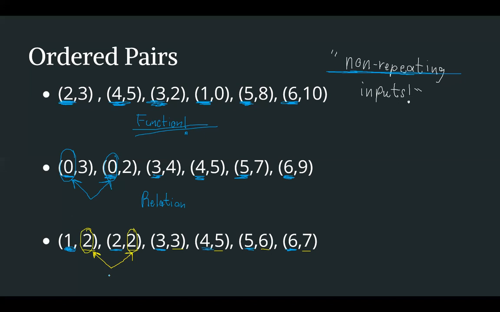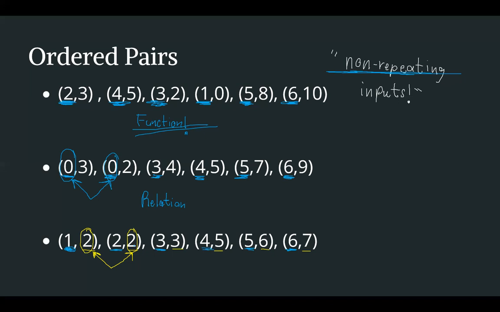Sorry. It doesn't matter if there are outputs that exist twice or more than once. Just such as this one, right? You see this? 2 and 2, right? So it exists twice. But again, it is not in the inputs, okay? They are output numbers.